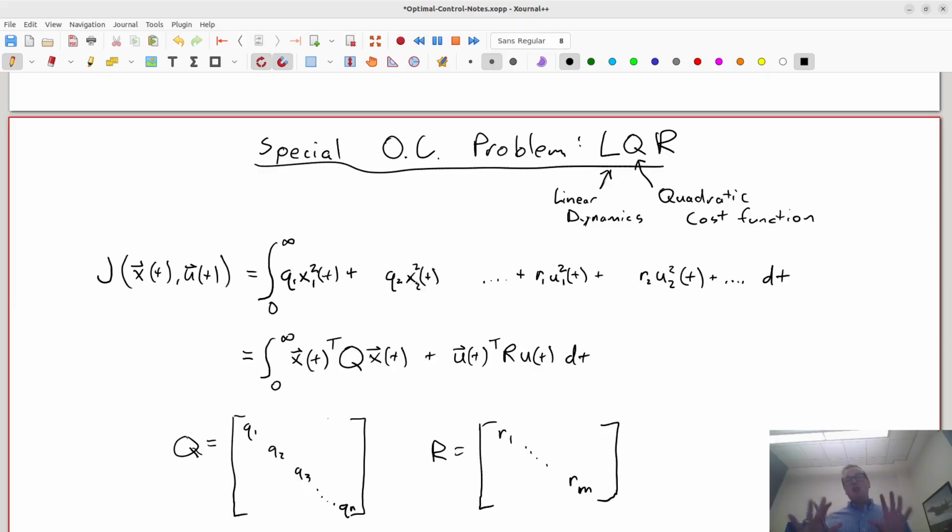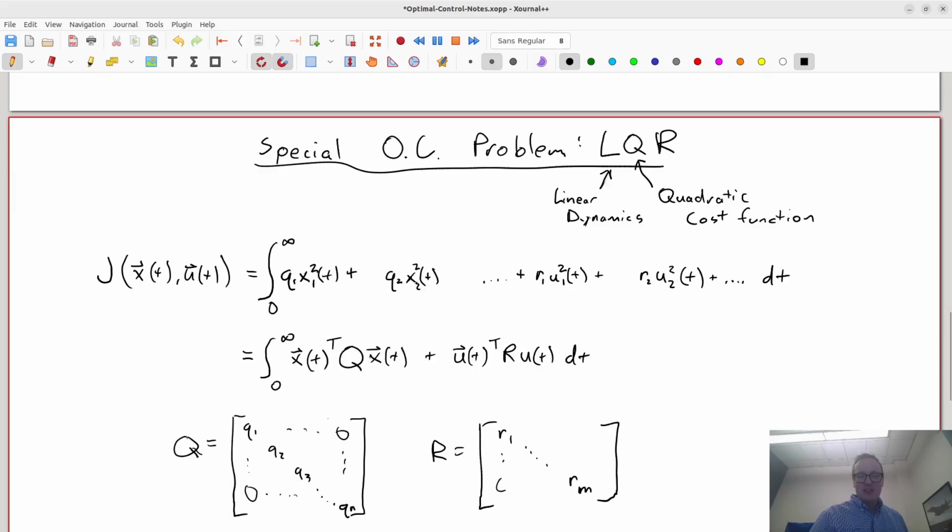Now, LQR in general will work for any positive definite Q and R, which means that you can have off-diagonal elements. But for today, we're just going to deal with diagonal Qs and Rs.